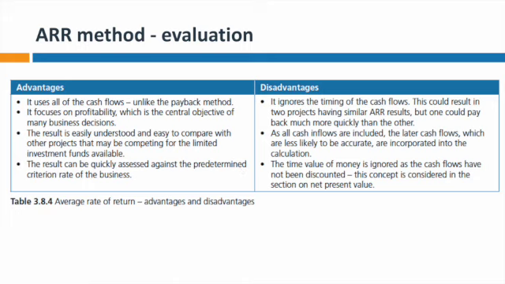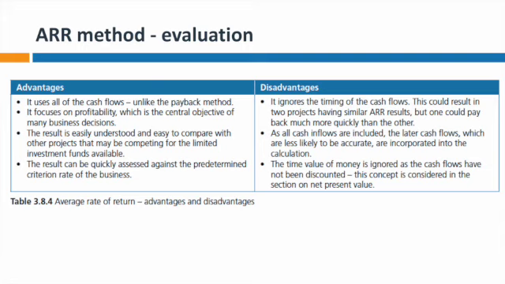Now, the disadvantage is that it absolutely ignores the timing of the cash flows. So as a result, if you have two projects that have similar ARR results, but one could pay back more quickly than the other, the ARR doesn't see the advantage of the project that pays back more quickly.